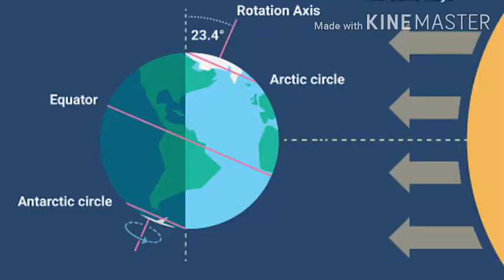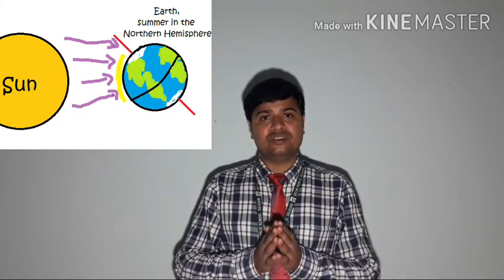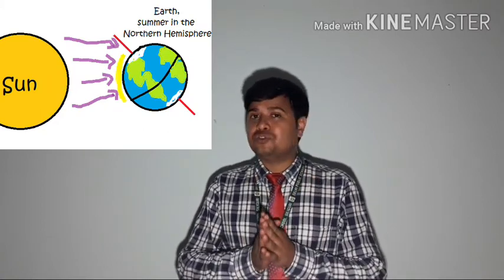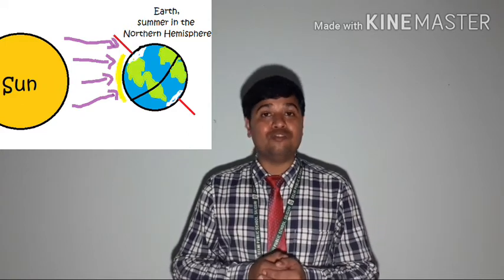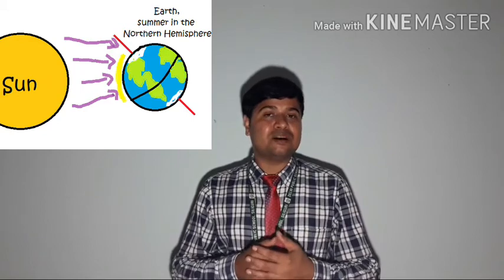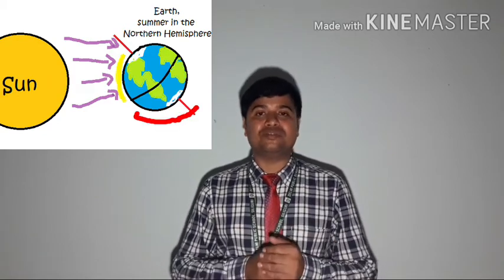For almost 6 months the northern hemisphere is tilted towards the Sun, and during this time the southern hemisphere is away from the Sun. So when the northern hemisphere is tilted towards the Sun, it gets the maximum amount of sun rays compared to the southern hemisphere.